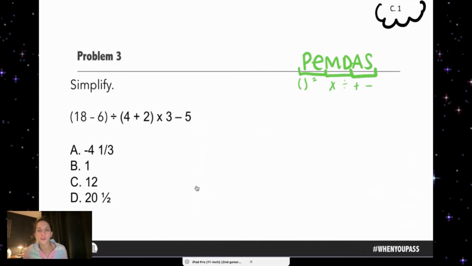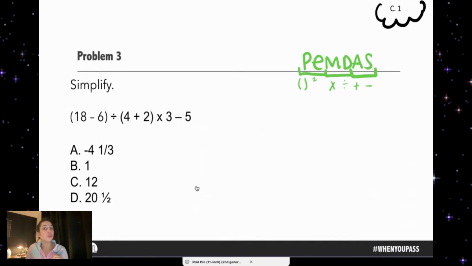When we think about the order of operations, I'm going to partner some things together. Back in the day when I was learning PEMDAS, I learned parentheses always comes first, then exponents, then multiplication comes next no matter what, then division, then addition, then subtraction.